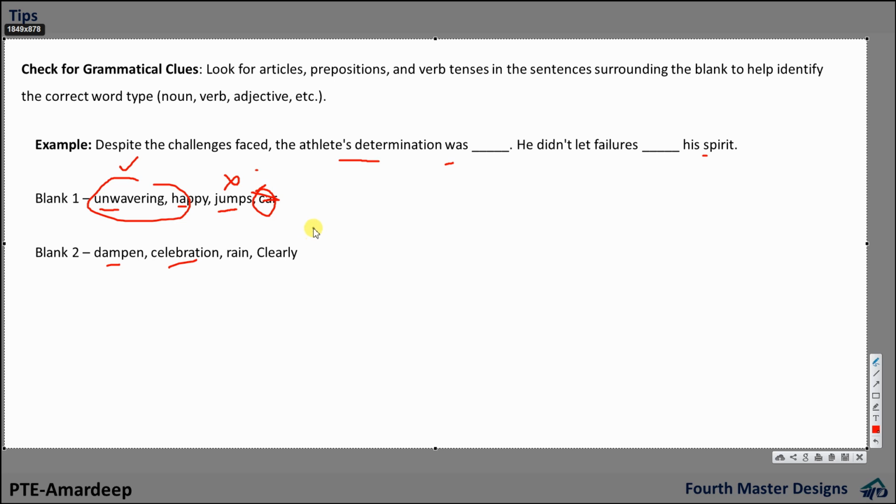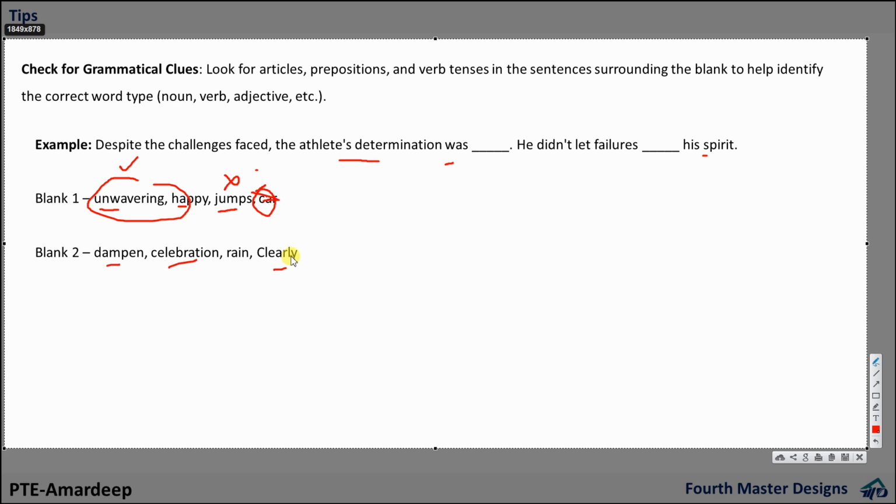Then, guys, third one, rain. Rain is also incorrect, so it doesn't fit. He did not let failures rain his spirit. The fourth one, clearly his spirit, also doesn't make any sense at all.